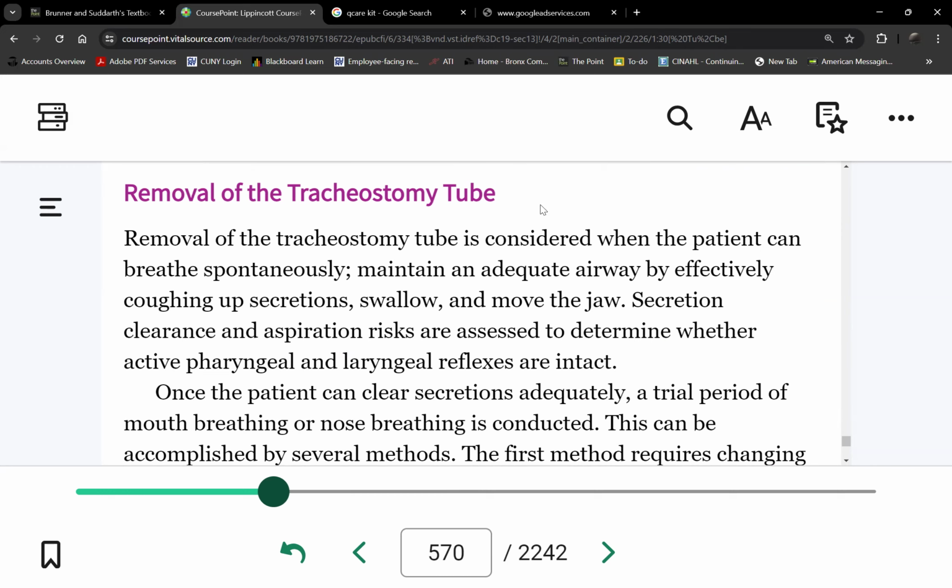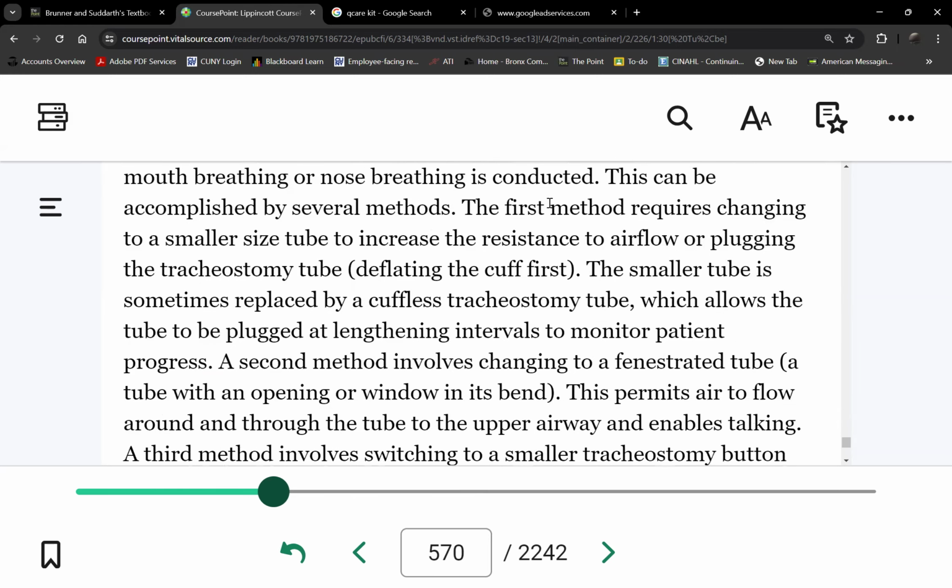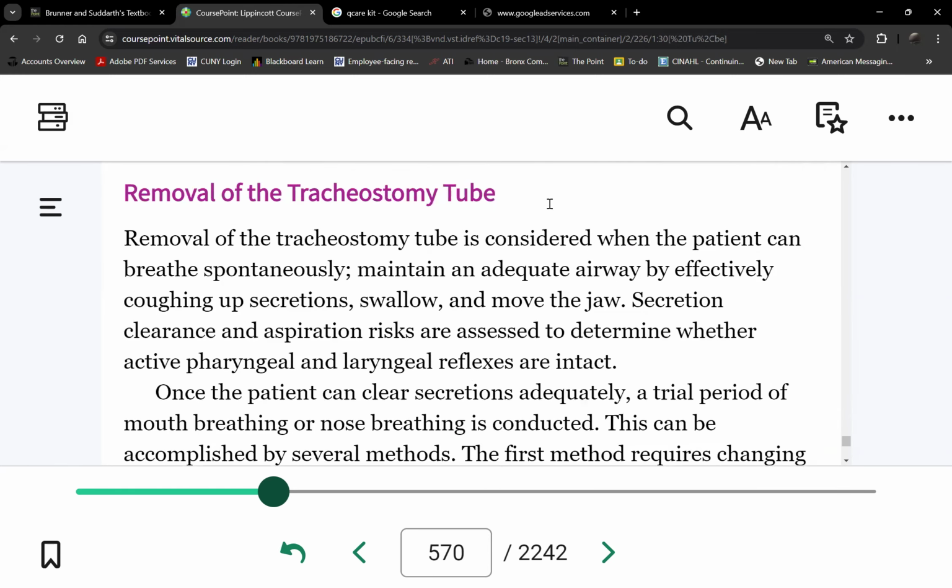We really don't go into that, because that requires ICU experience, and ICU won't be tested on the NCLEX. But we do cover extubation, because extubation can happen outside the ICU.